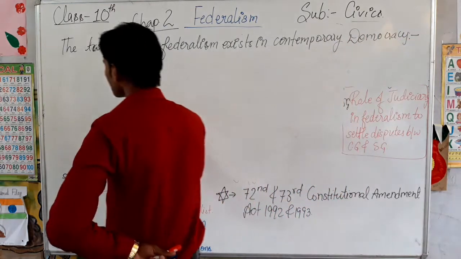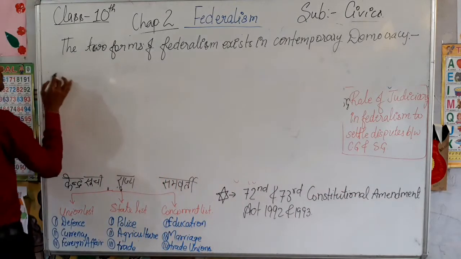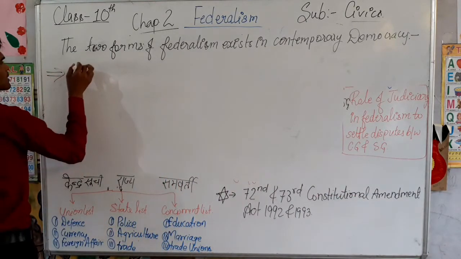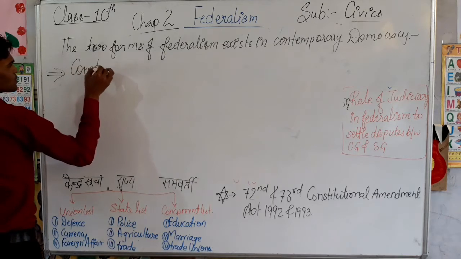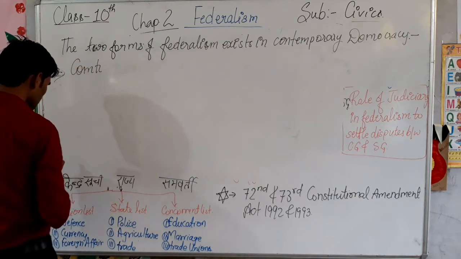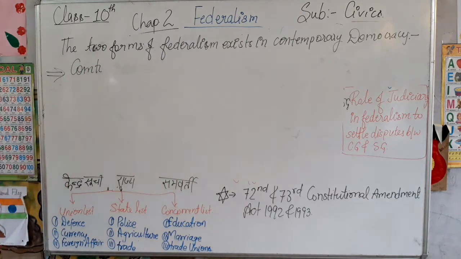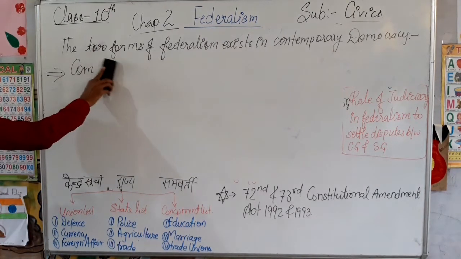The first is the coming together form of federalism. And the next one is the holding together form of federalism.